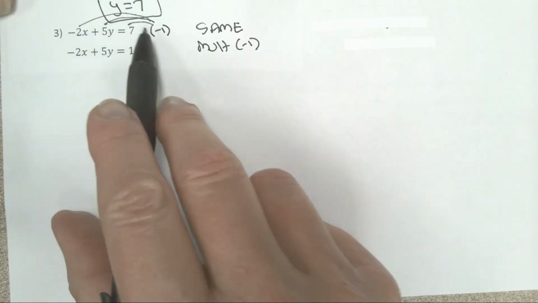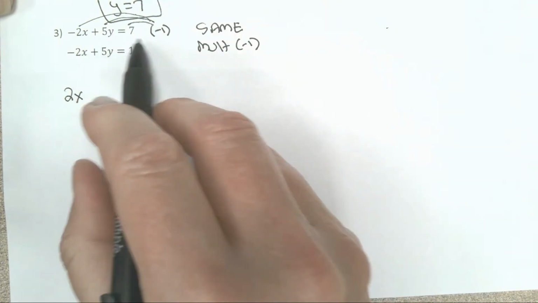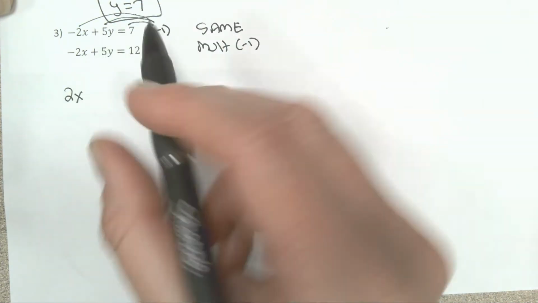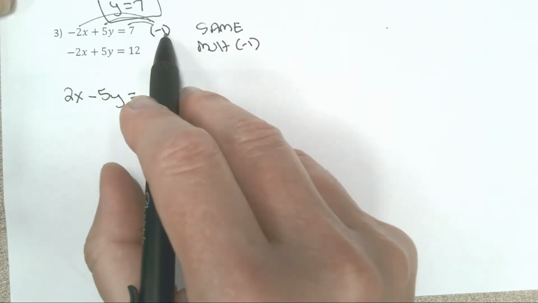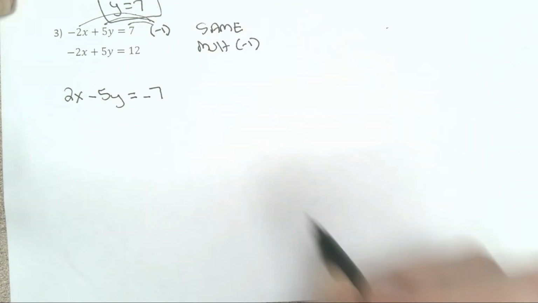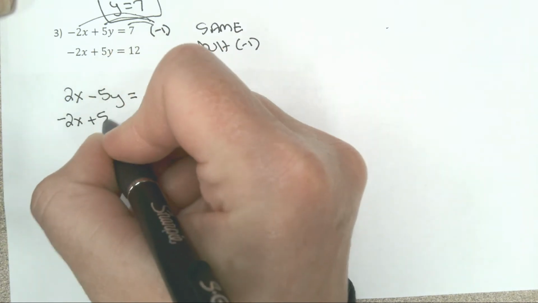So -2x times -1 is a positive 2x. 5y times -1 is -5y. 7 times -1 is -7. Rewrite your second equation.